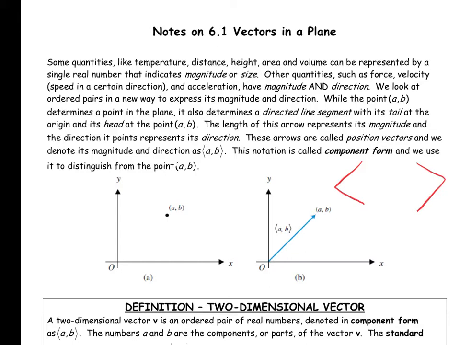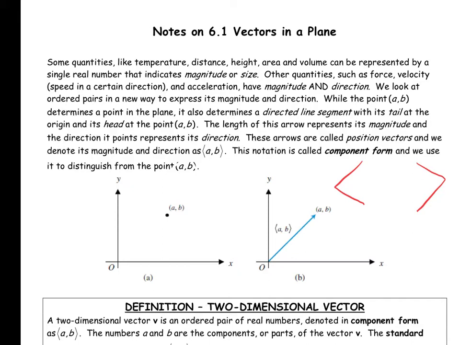And then we have to talk about where it starts from. Again, what I was saying earlier is that we're going from a rectangular unit, which is this right here. We're so used to seeing a point on a coordinate plane, A, B. But now we're going to have to say where something starts from, where it's going, and how long it took to get there.